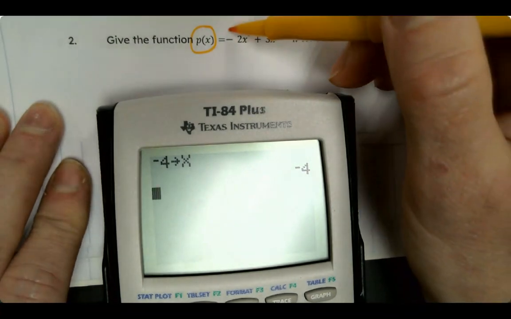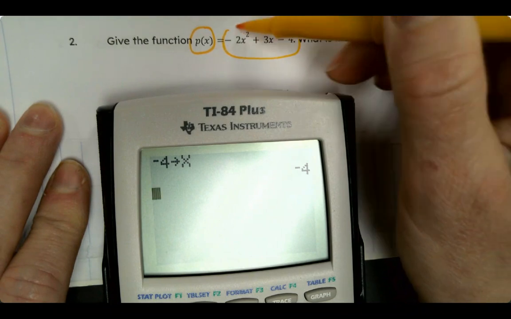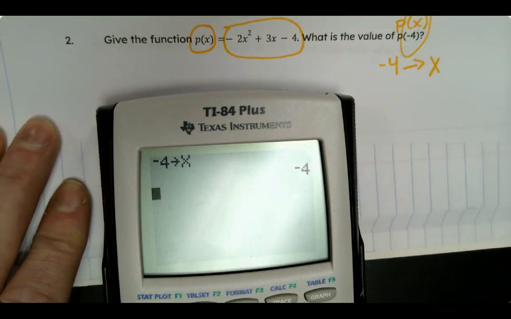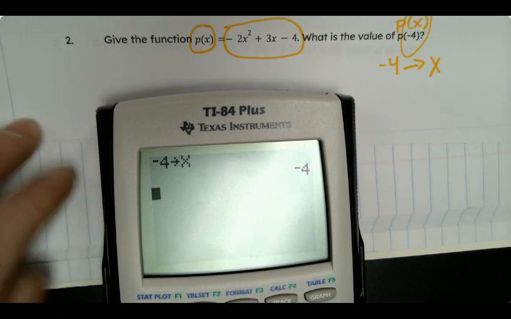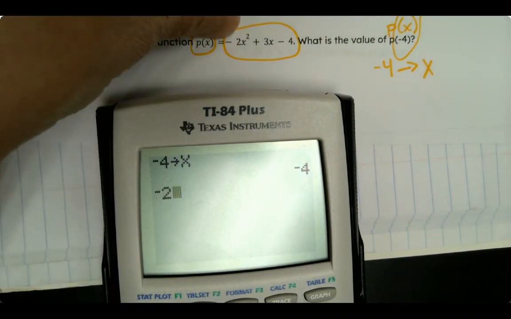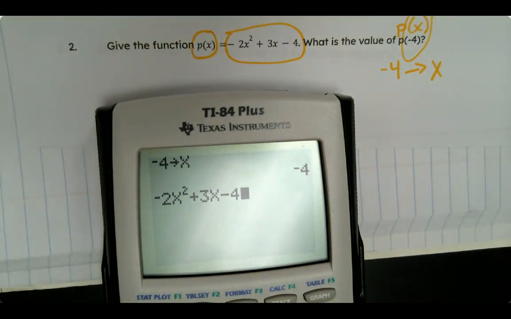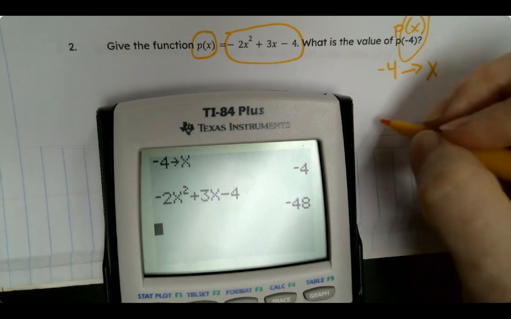Then we're going to put in this equation, and our calculator is going to sub in negative 4 for x. So all we have to do is this, negative 2x squared plus 3x minus 4. Press enter. And out comes our solution.